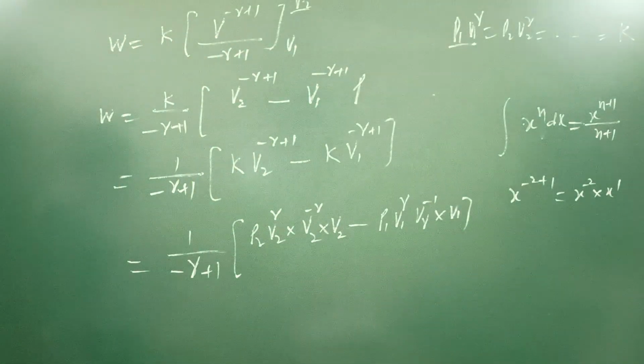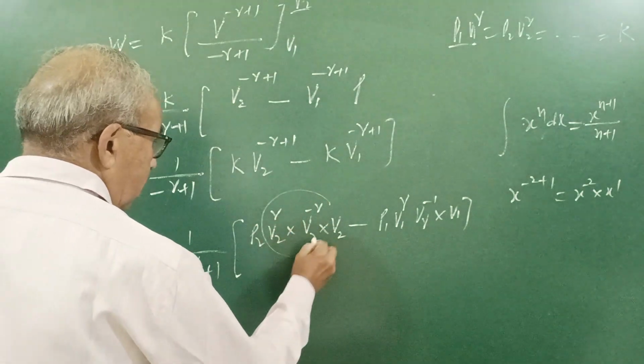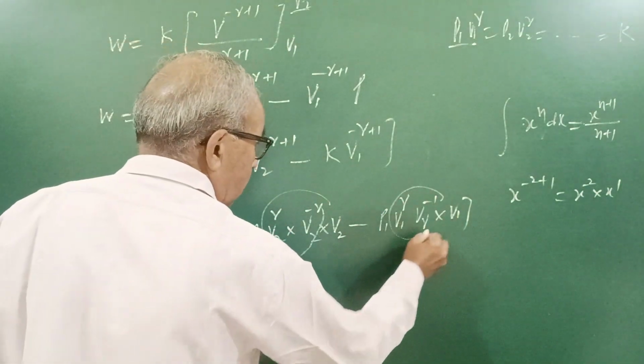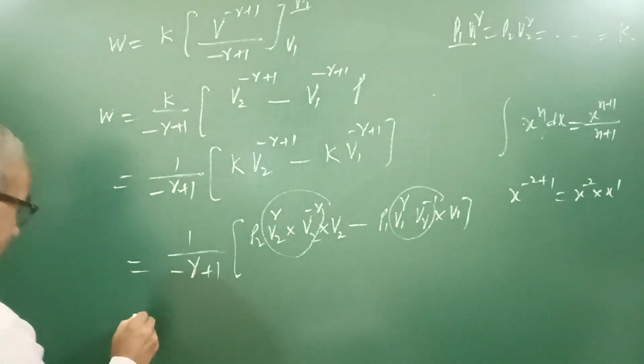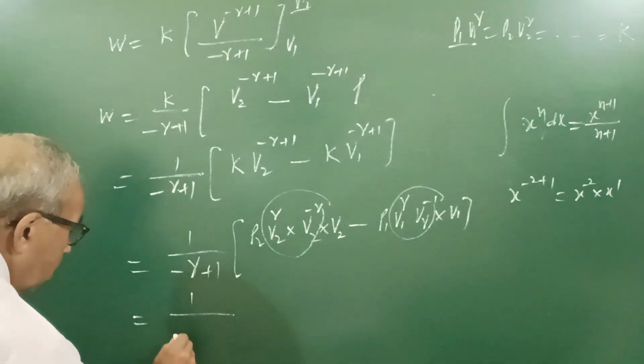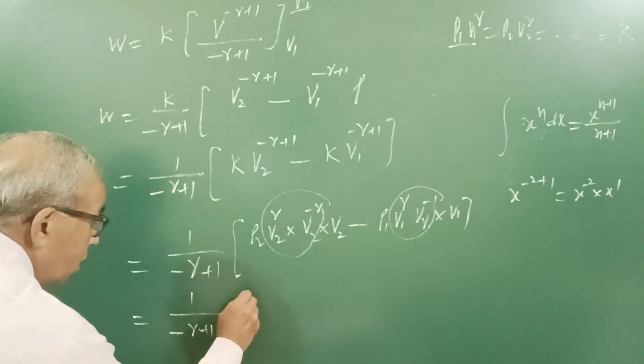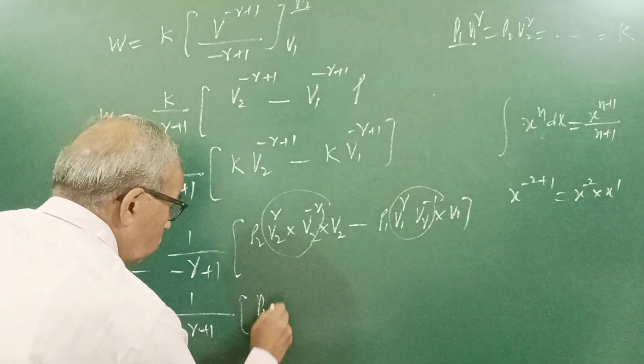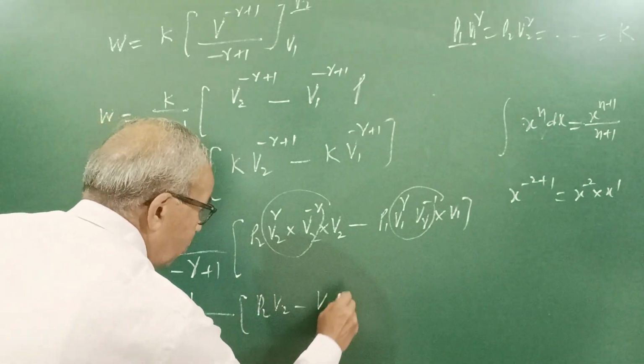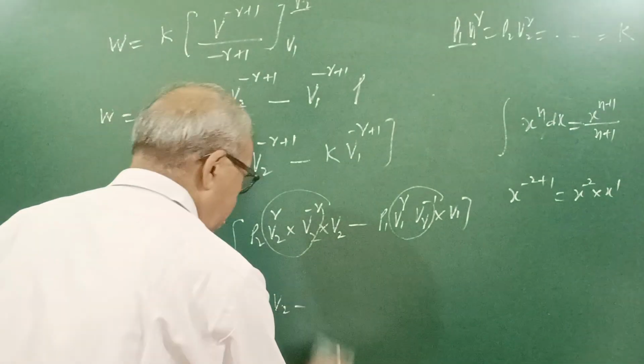Just to simplify, this becomes 1. So we are left here only with 1 upon minus gamma plus 1 into P2 V2 minus P1 V1.